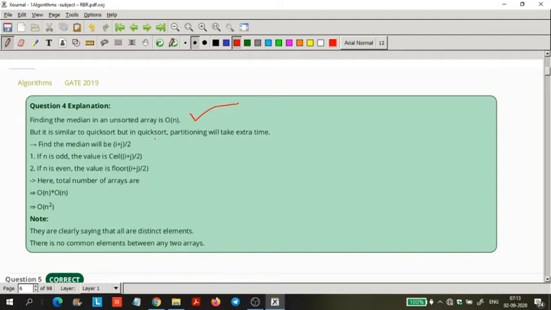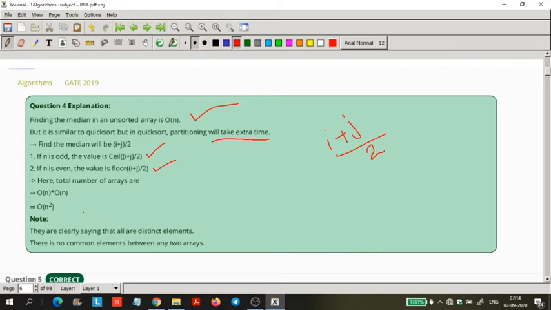It is similar to quick sort, but the partition in quick sort takes extra time. So finding the median, it will be like finding the median divided by 2. If n is odd, the value is ceil of (i plus j) by 2. If n is even, the value is floor of (i plus j) by 2.